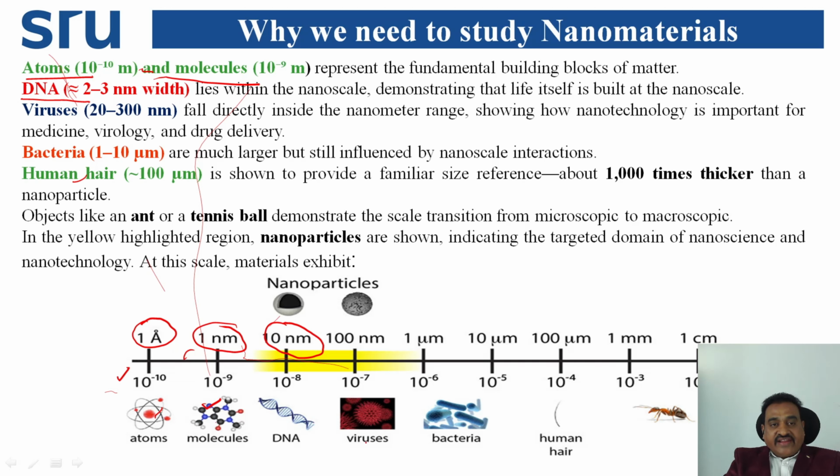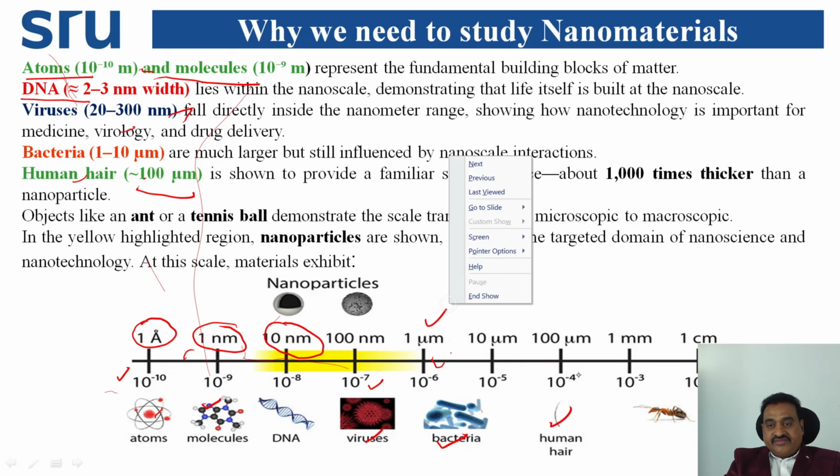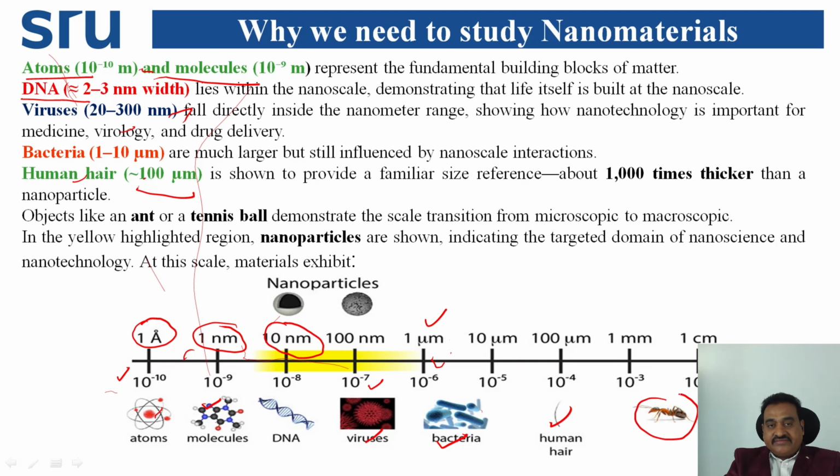Another one is virus, that is 100 nanometers or 10 to the power minus 7 meters. And 1 micrometer, you can see here bacteria range. And also human hair, we discussed, nearly 100 micrometers. And you can see here the ant or tennis ball, and tennis ball is related to 10 to the power minus 2 meters.